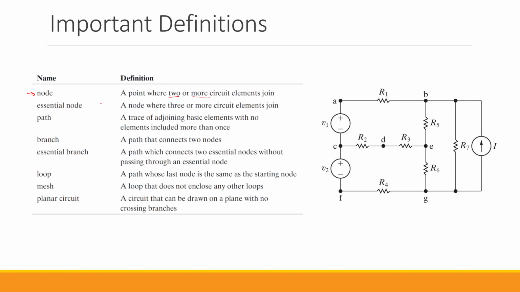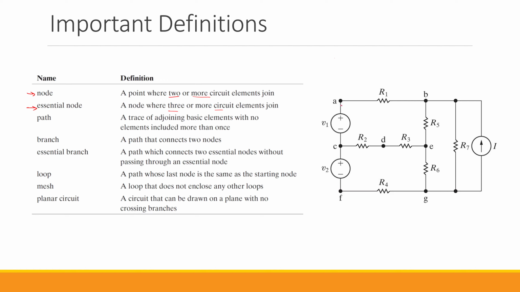So that's why we have the definition of an essential node, which is a node where three or more circuit elements join. For this circuit, we have 1, 2, 3, 4, 5, 6, 7 nodes. But out of these 7 nodes, how many of them are essential nodes? Let's go through them one by one.